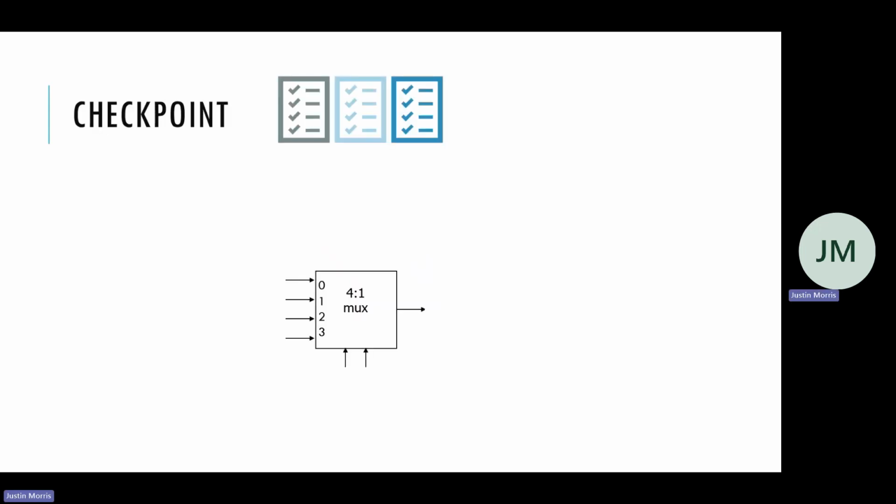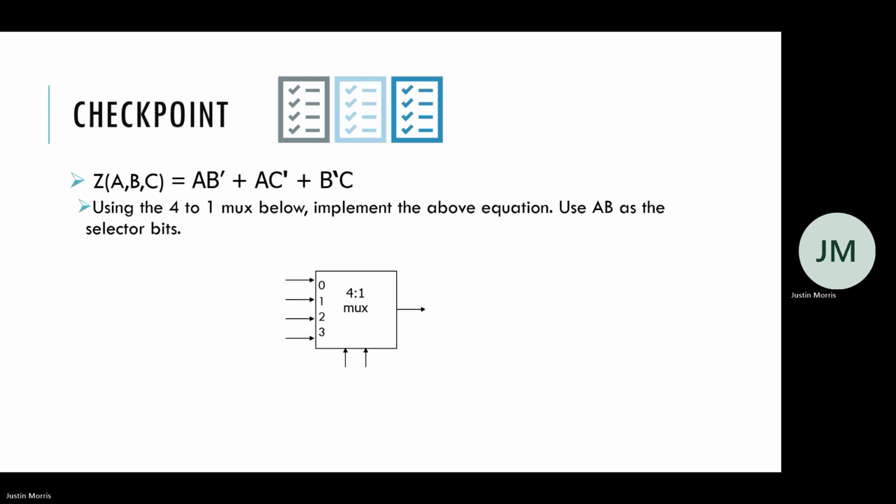Okay, so first things first, review from last week. MUX as general purpose logic. I want you to work on this. You want to map the equation ABC is equal to this Boolean logic equation using this 4-to-1 MUX.